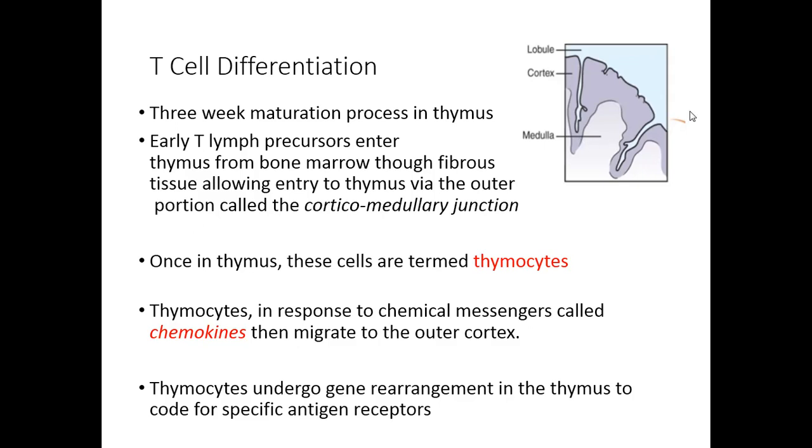And the chemokine, as we remember, was the one that calls movement of cells. So we're going to have the cells migrate to the outer cortex of the thymus, where we're going to see in a moment some details about how they undergo some gene rearrangement with the purpose of creating a variety of antigen receptors that will be able to detect foreign pathogens, really over the course of the person's lifetime.